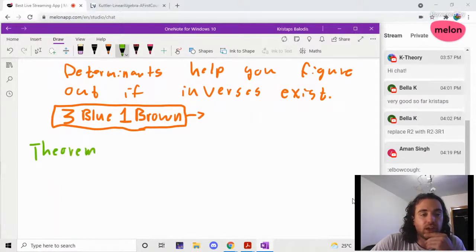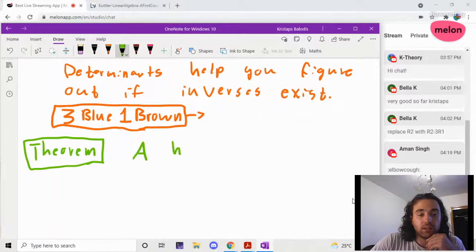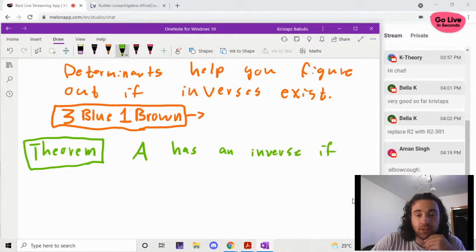So this is a fact that one can prove beyond a shadow of a doubt: for any n by n matrix, A has an inverse if and only if.